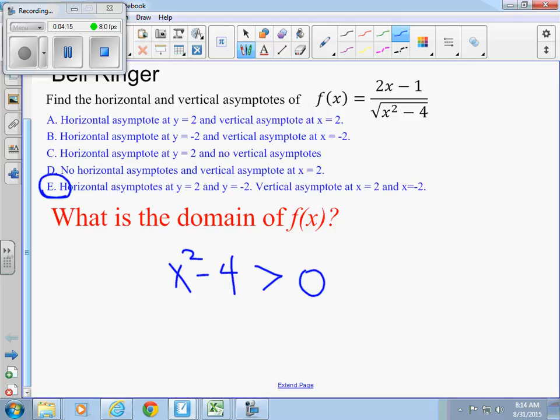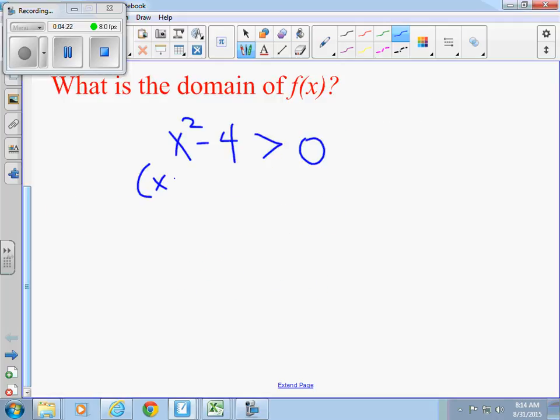Y'all didn't do a sign chart? Let's check it out. Let's see. I'm not saying you can't do it the other way, but there's a lot of room for error.